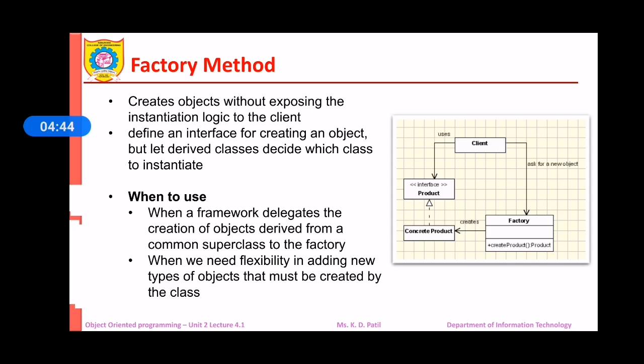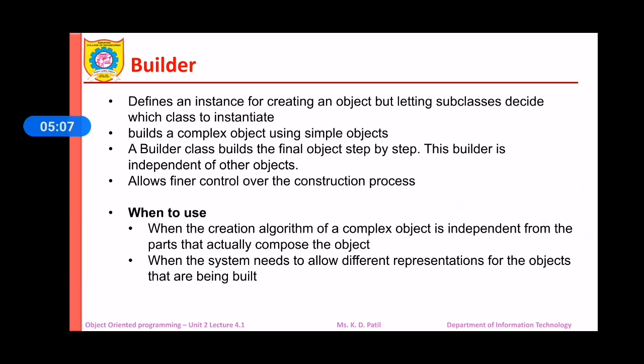When is it used? It is used when a framework delegates the creation of objects derived from a common superclass to the factory, and when we need flexibility in adding new types of objects that must be created by the class. At that time this factory method is used. It provides the abstraction for the object creation.